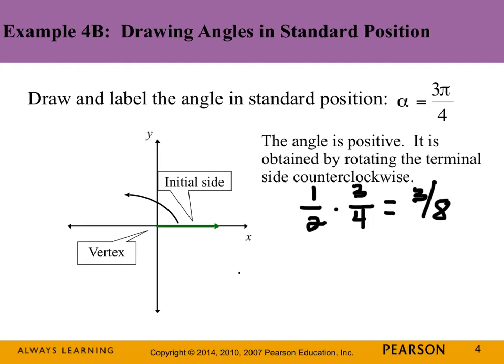Now because the angle is positive, we need to go in a counterclockwise manner. 3/8, well 4/8 is a half, so it's not quite half. So you see the initial side is the green arrow, and so 3/8 might be about here, and the blue represents the terminal side of the angle.